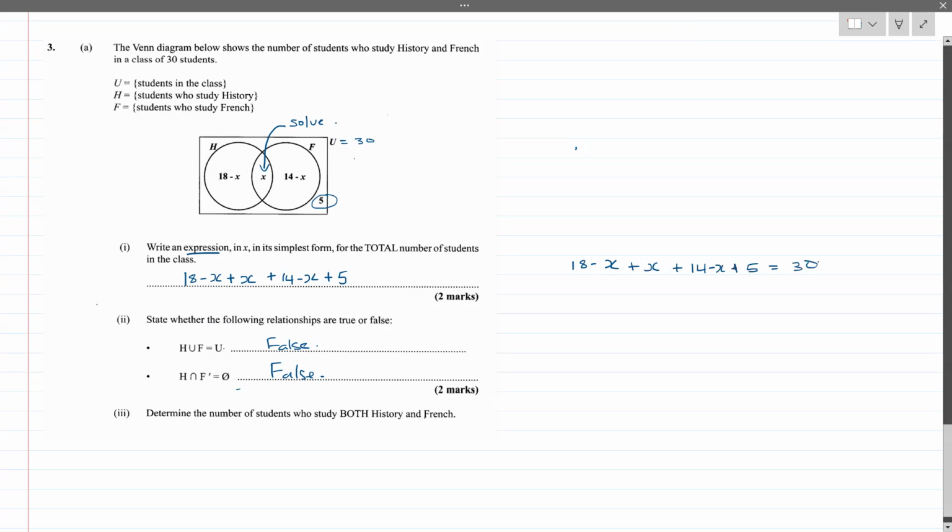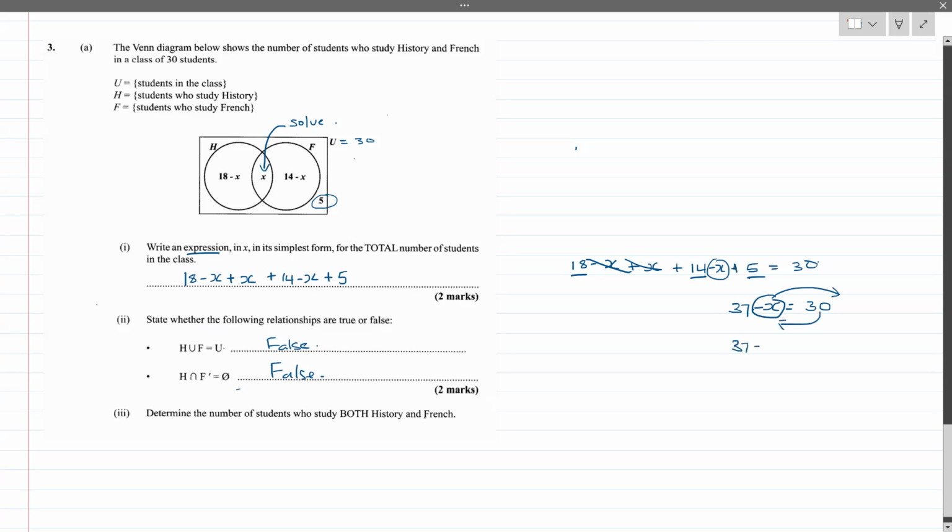So let's add our numbers together. We have 18 and 14, that'll be what? 20 and 12, 32. And 5, that's 37. And then X subtract X, these two X's will cancel, and I'll remain with this minus X here. Right? And then for the sake of simplicity, let's carry this here and bring this here.